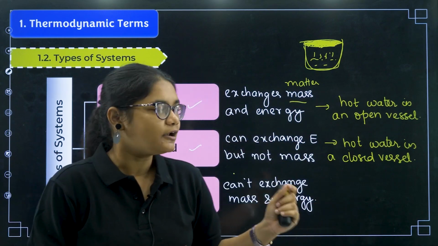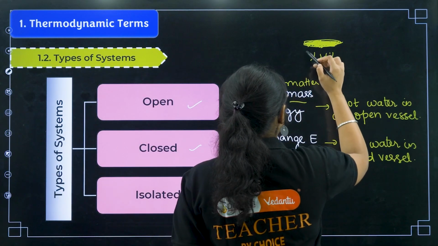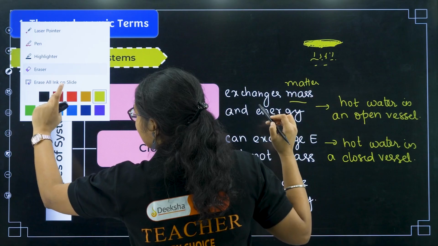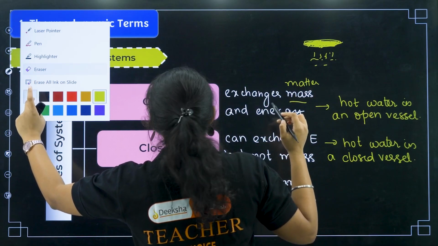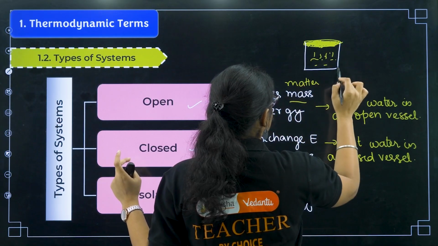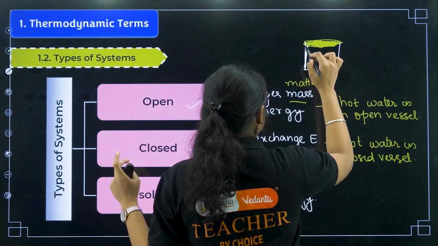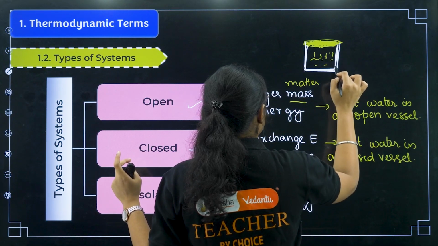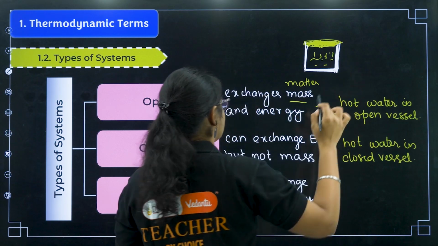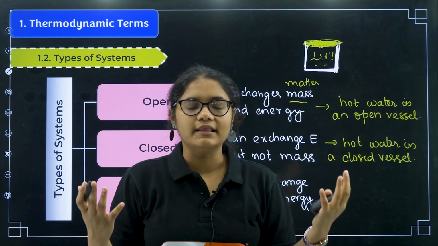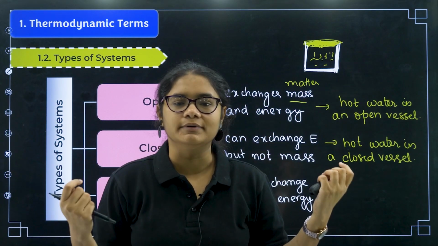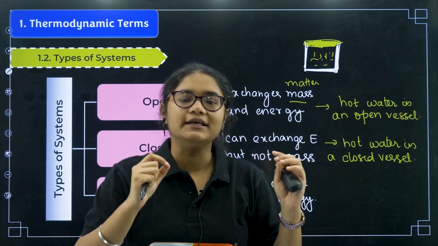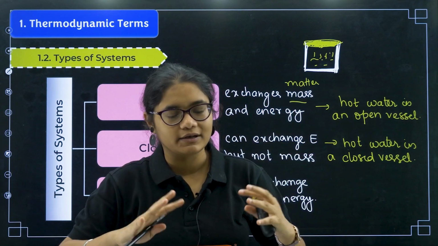Now suppose this is a thermo flask. If you have observed, in a thermo flask the water remains hot inside for 2-3 hours or even more; the better quality you purchase, the longer it stays.